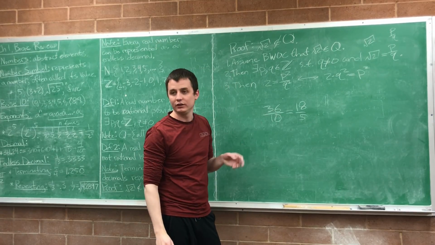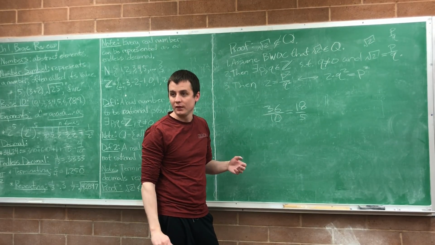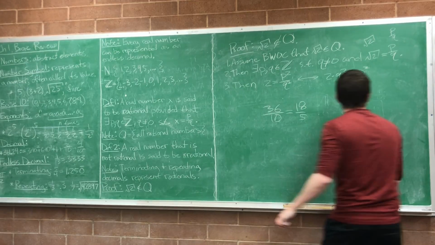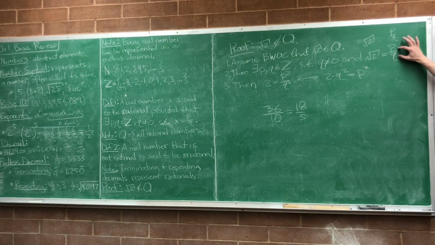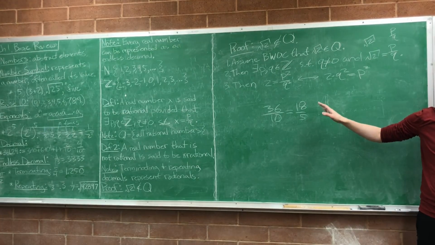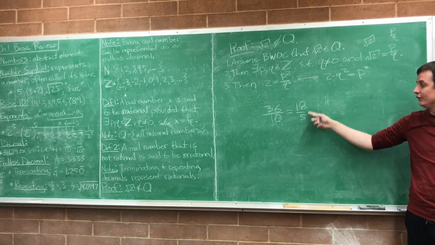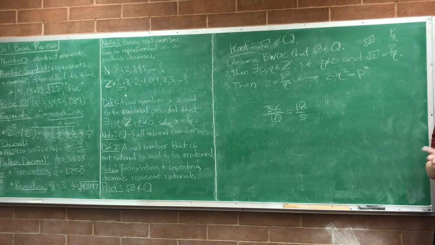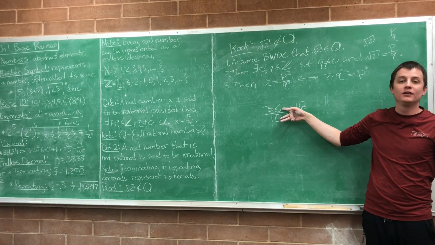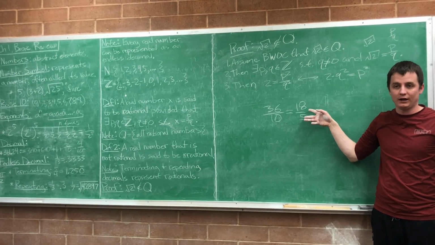Is that an even over an even? No. So here's the point that I want to make: anytime I have a fraction of integers, I can rewrite it so that either P or Q is odd. I can keep reducing it until either the numerator or the denominator is odd. As long as both of them are even, I can reduce it by a factor of 2, right?